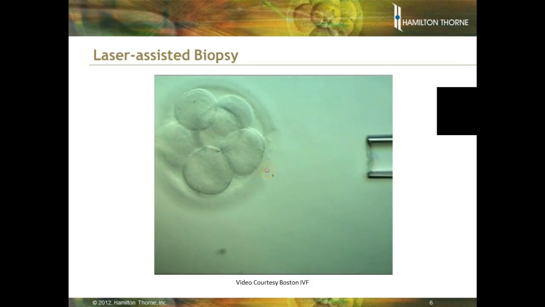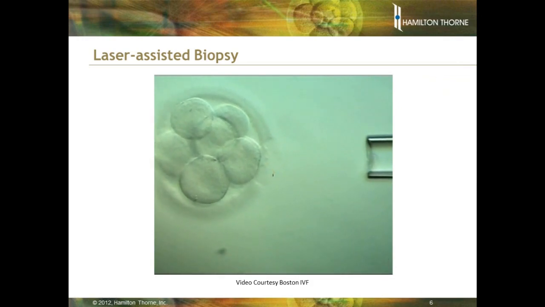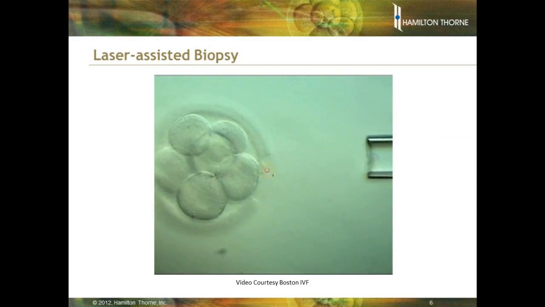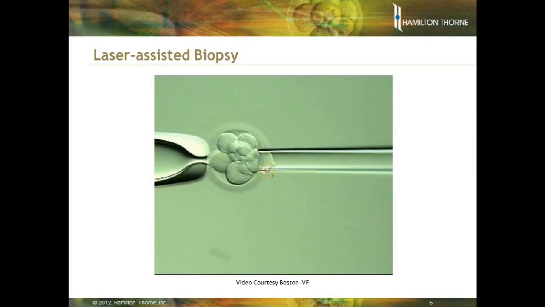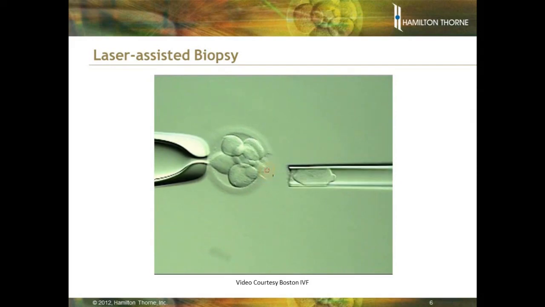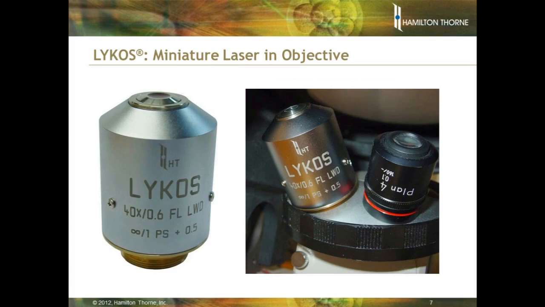You can see it moving here. The laser stays in the same place. The embryo is moved, usually on another pipette, and once the area has been carved out, the pipette is put in and the blastomere is removed, generally quite easily because it's not very sticky at this stage, which is the 3-day stage, and now that's complete. May I have the next slide, please?